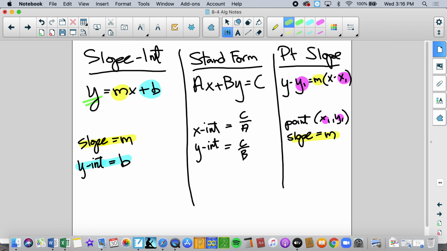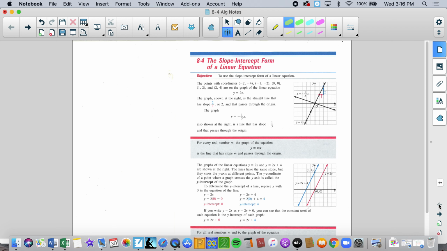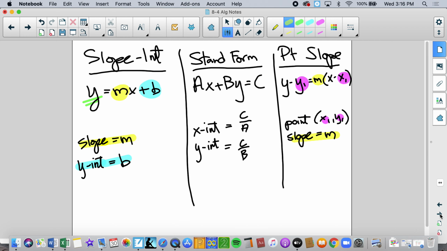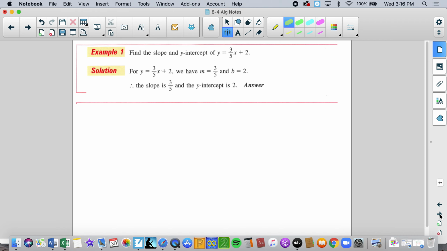So what we're going to work with is slope-intercept form. Those are three very important equations that we should be able to recognize. But today we are going to only work on slope-intercept form of a linear equation. So let's start. Find the slope and y-intercept of y equals 3/5 x plus 2.